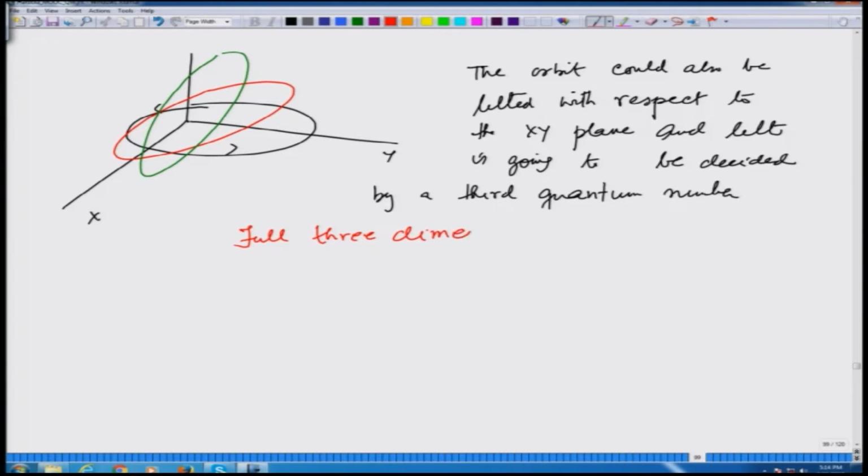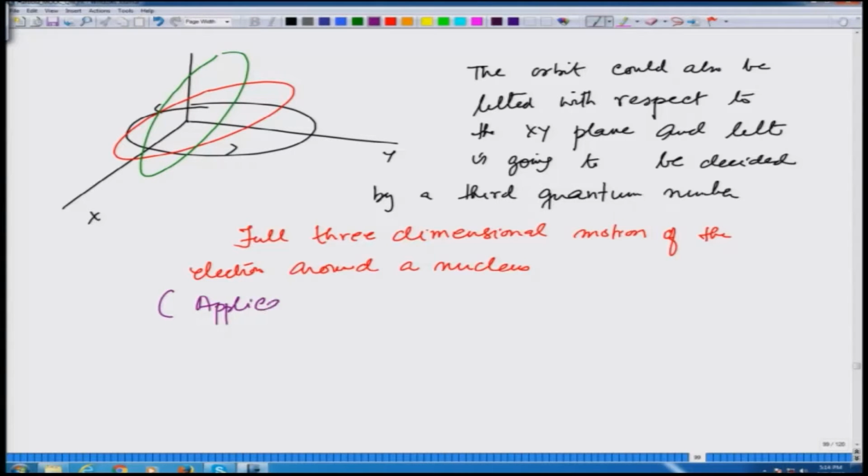So, for that we will now consider a full 3-dimensional motion of the electron around a nucleus, which can also be called the application of quantum conditions to an atom. This is the full glorified 3-dimensional view.